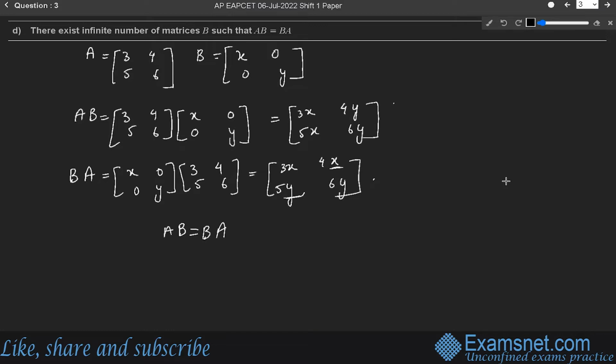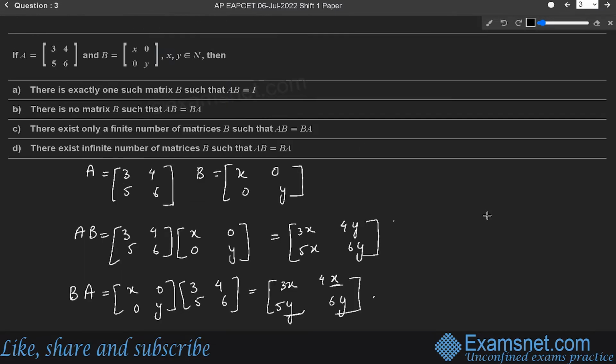Therefore, for these two given matrices, there exist infinite matrices B such that AB is equal to BA. Hence, option number D is the correct option, which says there exist infinitely many matrices B such that AB is equal to BA.